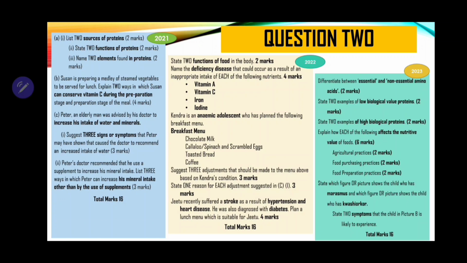So agricultural practices, food purchasing practices, and also food preparation practices. So 2021 specified the type of practice and what can be done, but in 2023 it asks you how it is that this food preparation practice can lead to the nutrients being not at their full value, right?